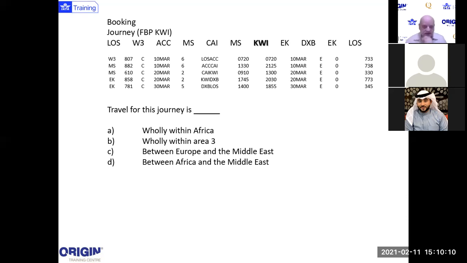Middle East. Anybody know where LOS is? L-O-S. Okay. Anybody know where ACC is? Right. LOS is Lagos in Nigeria, and ACC is Accra in Ghana.